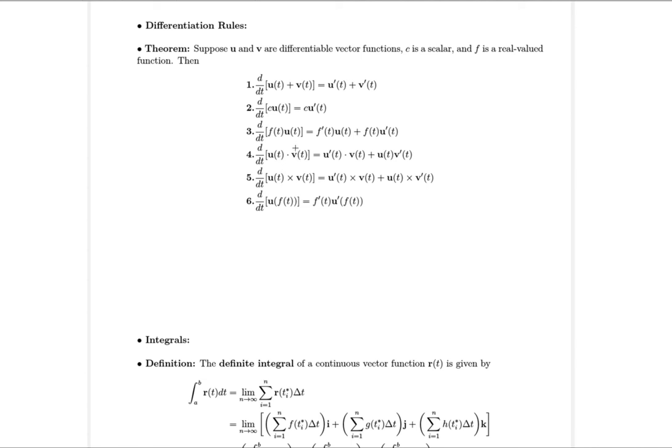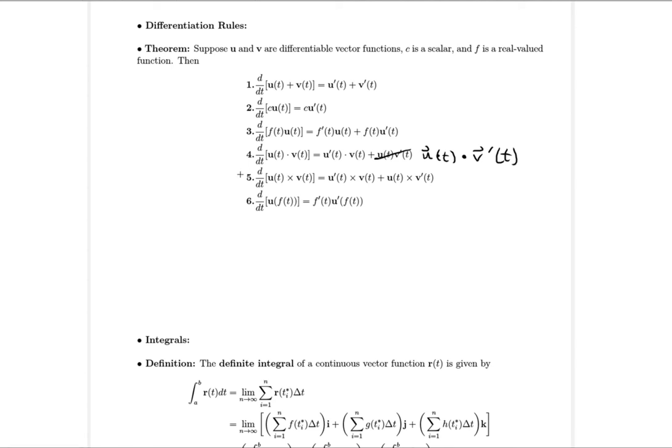When we have the dot product of two vector-valued functions, and you take the derivative, guess what? You use the product rule here too. And sorry, I guess there's a bit of a typo. I didn't notice that. I've got to be real precise here. This is u of t dotted with v prime of t. So make sure that dot finds its way into your notes.